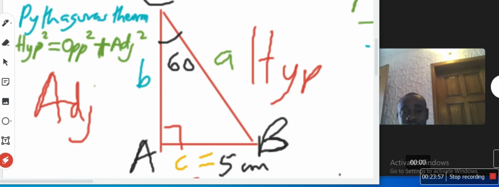Alright, so I said we could have applied it because we found what B is. We found B to be 2.88 and C is 5. So since B is now 2.88, and C is already given as 5, we would have said A squared is equal to 2.88 squared plus 5 squared.